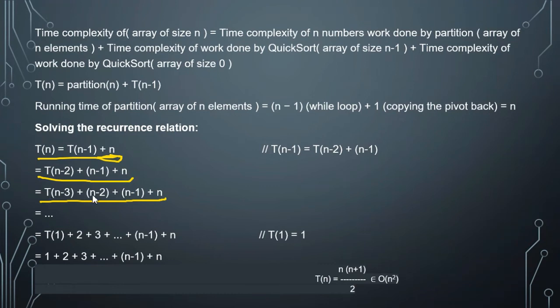As we see here, the value is decreasing, and incrementally as we move to the right side, the values are adding. So the third time, it will become T(n minus 3) plus (n minus 2) plus (n minus 1) plus n, where n is the total size of the array, and the running time complexity checks the array accordingly.